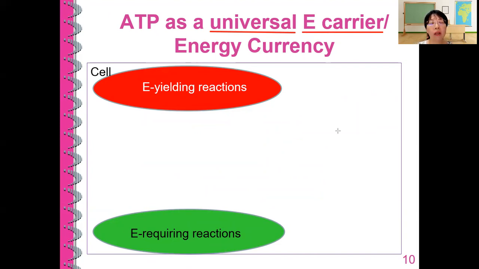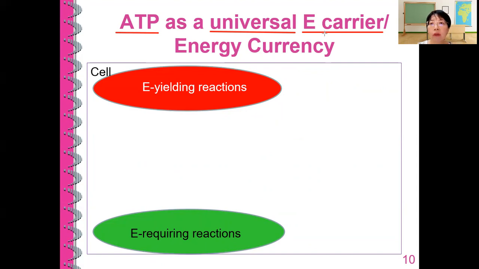In every cell on Earth, if you want the cell to carry energy inside the cell, only ATP will do this job. So it's universal in all cells, in all organisms. Bacteria use ATP, plant cells use ATP, animal cells use ATP, amoeba use ATP, all of them use ATP. So it is an energy carrier.